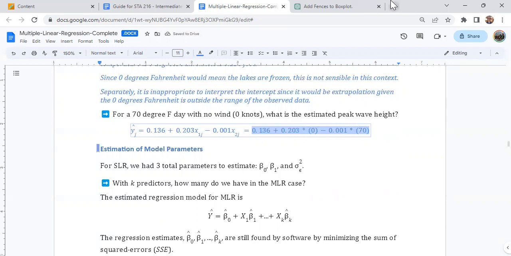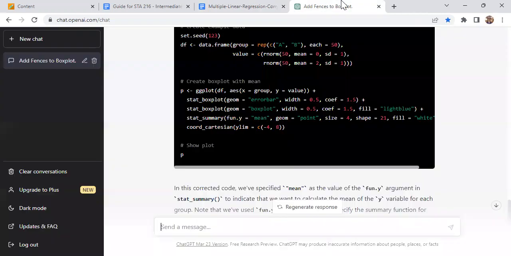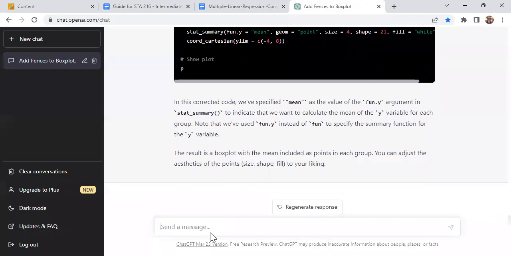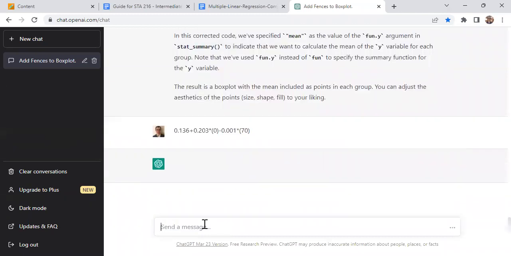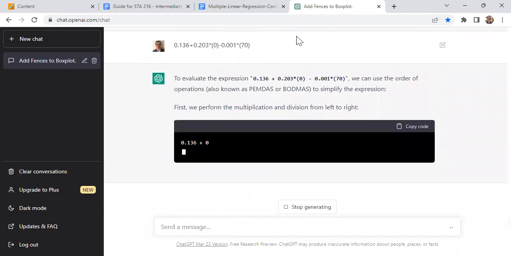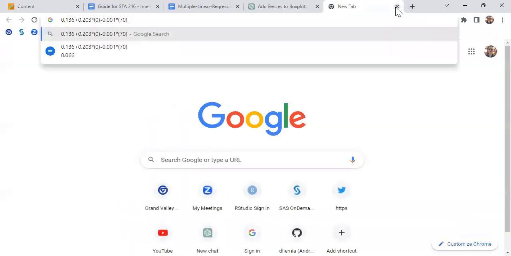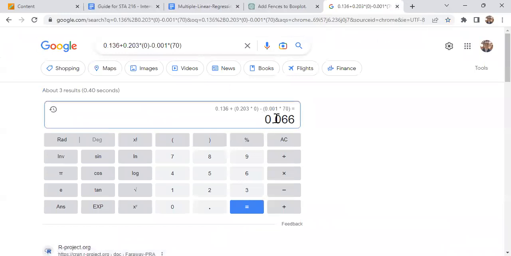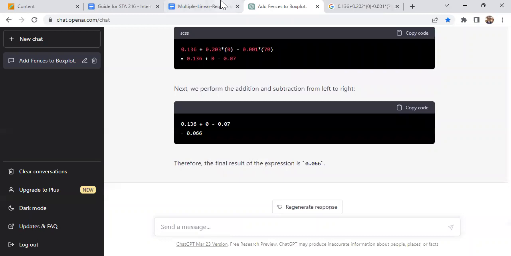And then using ChatGPT. Oh my gosh, it's making it too complicated. There we go. Okay, I got it right though. 0.066.